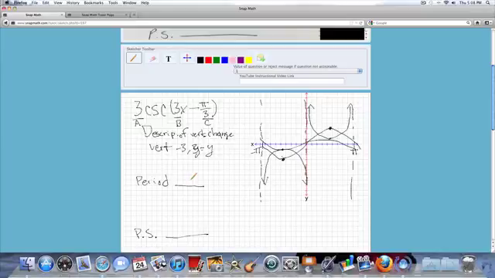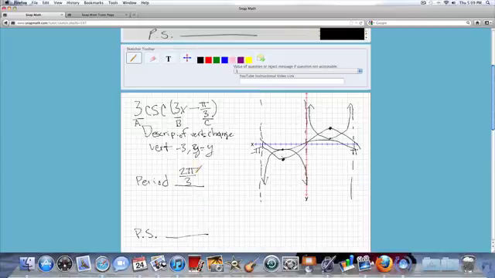Now we're going to look at our period change. What's the period of the original cosecant? Our period is 2 pi. Now we're going to use our B number and divide by 3 to get the period of our new cosecant.